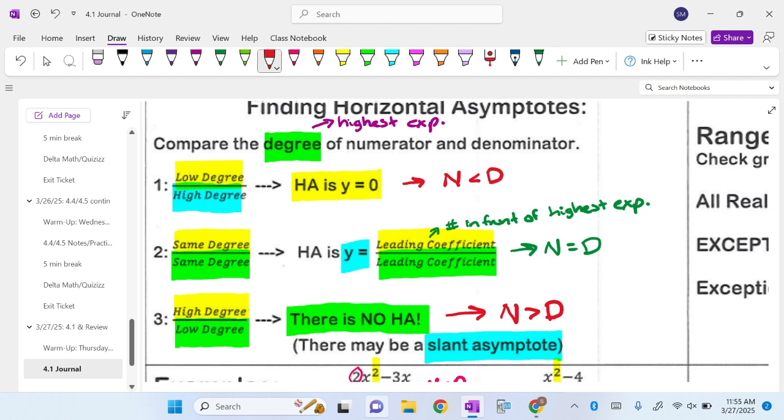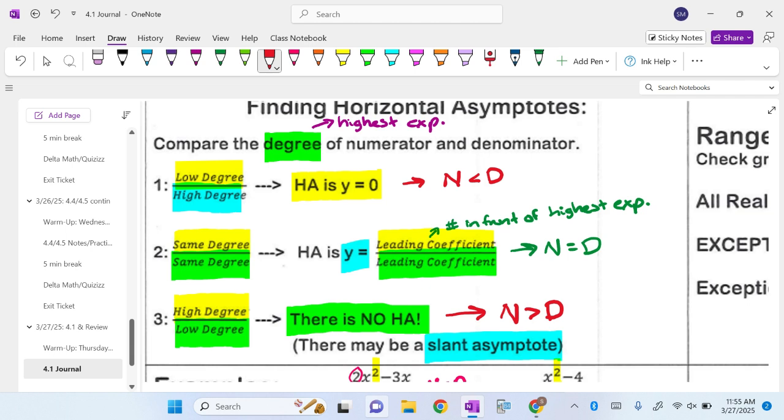The hardest one is the second condition. If they have the same degree, you just take the two leading coefficients, which is usually the first two numbers, by the way, and put them over each other, simplify it down, that's your answer. Does that make sense? All right. Any questions on asymptotes of any type? So vertical, hole, or horizontal.